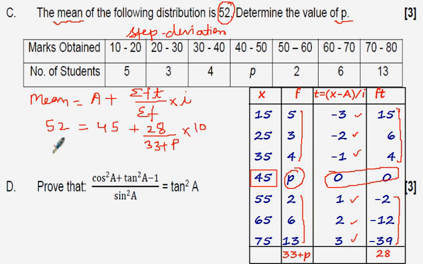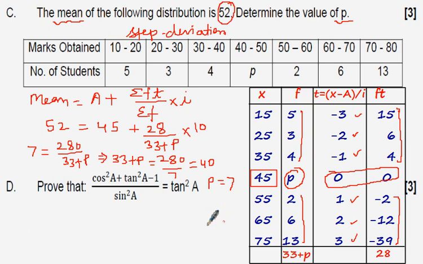Now when 45 goes to this side, it will become 7, and it will become 280 upon 33 plus p. Then 33 plus p you can shift to this side. So 33 plus p will become 280 upon 7, which is 40. So now your p will be 40 minus 33, which is 7.